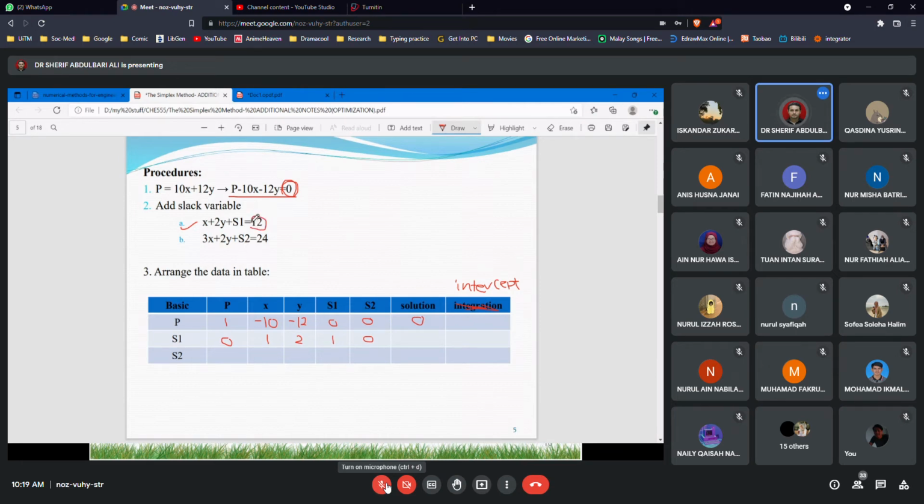It's equal to 12. And now we go for the second constraint. Does it have p? No, so it's 0. X is equal to 3. Y is equal to 1. Does it have S1? No, so it's 0. Does it have S2? Yes, is equal to 1. And the solution for it is equal to 24.